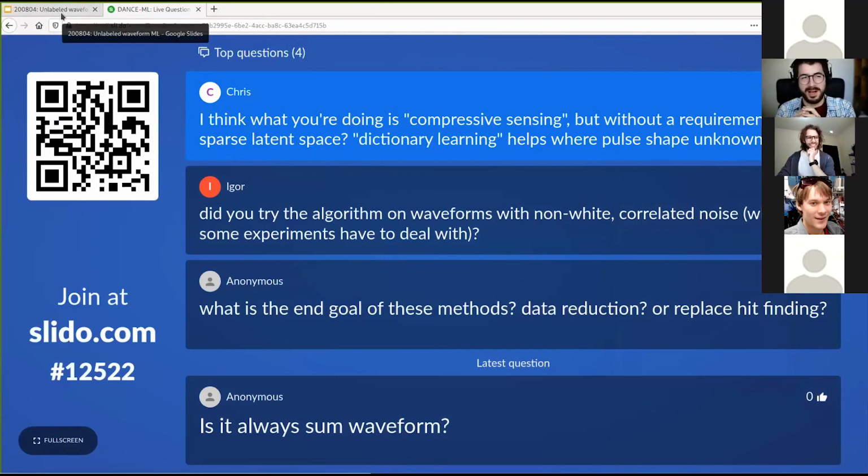I was just wondering if you looked at any engineering literature, signal processing or whatnot, to see what others had done, because this reminded me a lot of something I'd seen called compressive sensing, which is an active area of research, and even things like unknown pulse shapes, they have ways of dealing with. So I was just wondering, was it wanting to play with autoencoders as a way of doing this, or was there some need that other methods weren't hitting?